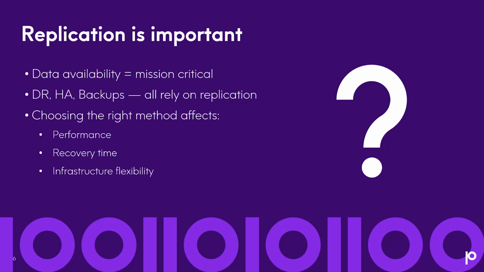Even technologies as simple as backups, whether it's tape backup or disk to disk backup, all the high availability solutions, anything that's considered DR, all rely on replication. They all rely on taking a copy of the existing data as it is and then making a copy of it. Differing degrees of replication have to take place.